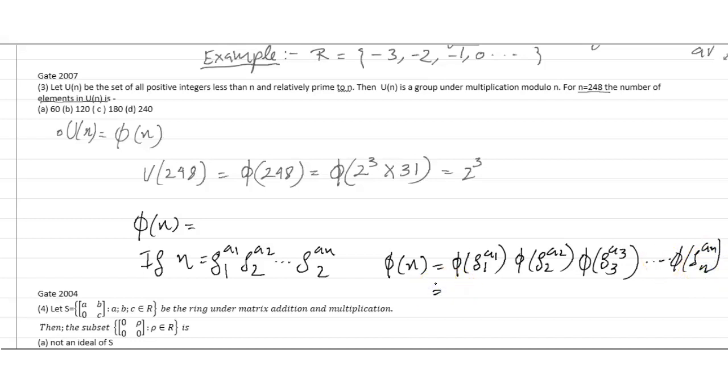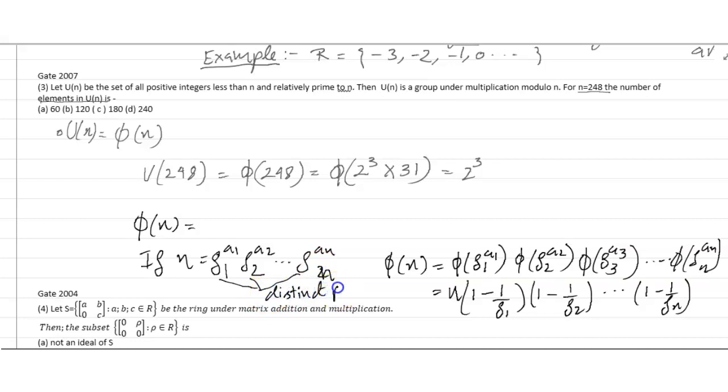And after that it can be written as n times (1 − 1/p1)(1 − 1/p2) ... (1 − 1/pn), where p1, p2, ..., pn are distinct primes.